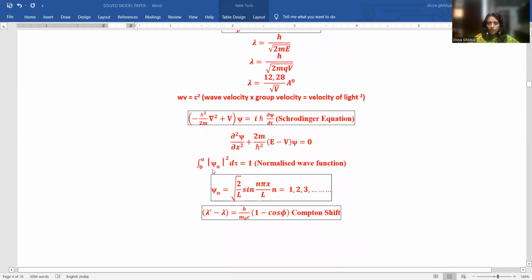Normalization condition of wave function is integral of mod square of phi d tau equal to 1.